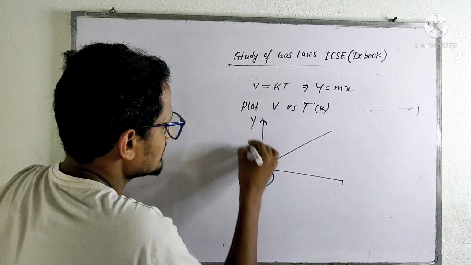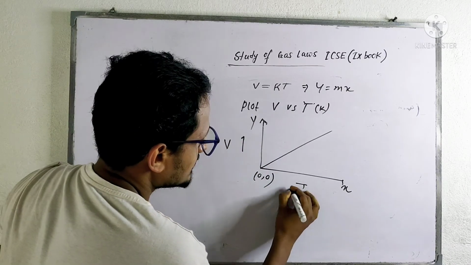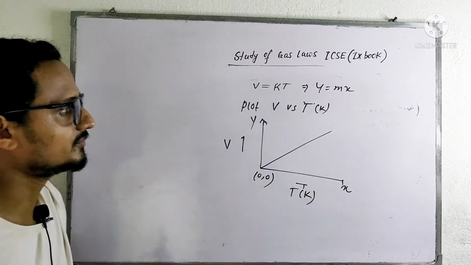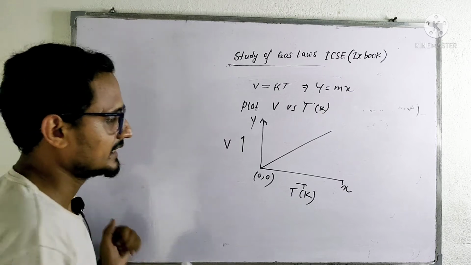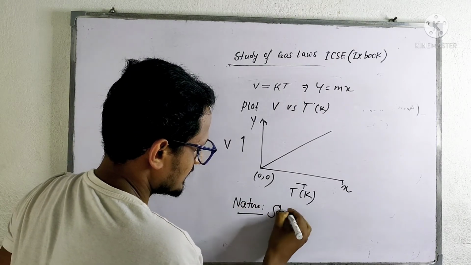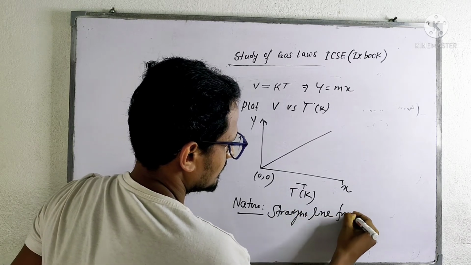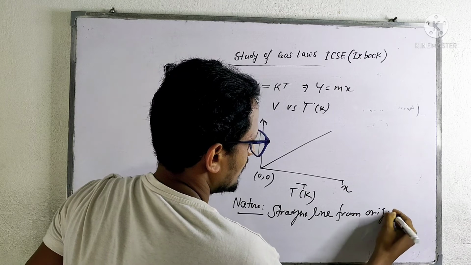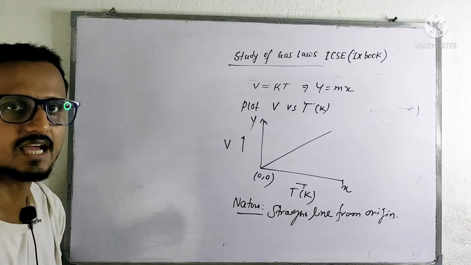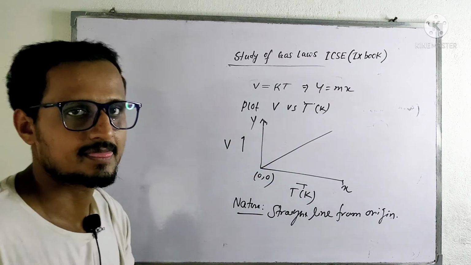Here the y axis is volume, and the x axis is temperature in Kelvin. So the V versus capital T plot is a straight line from the origin.